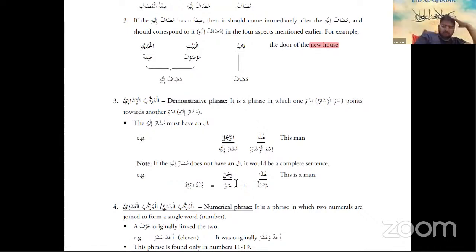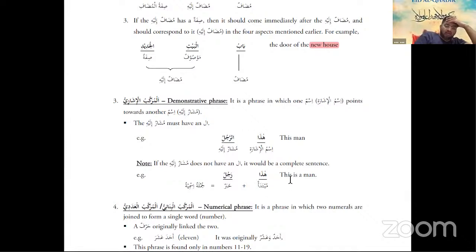Correct. So the only point you need to remember: if after hadha there's alif lam, then the second noun becomes part of the first noun as the subject. So hadha ar-rajulu is the subject, and in the second example, hadha rajulun, the word rajulun doesn't have alif lam, so it will be deemed as the khabar.